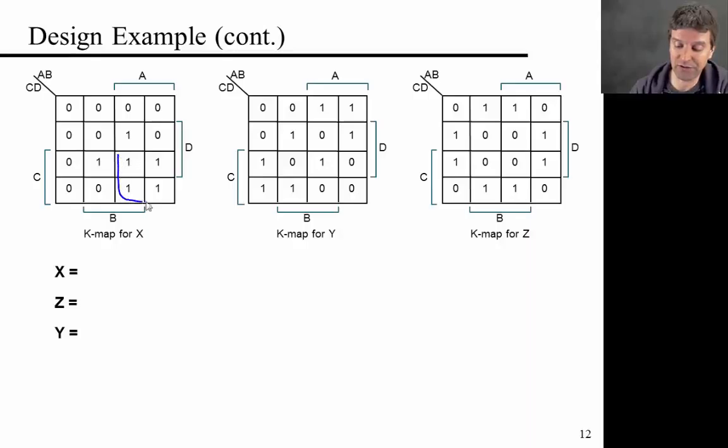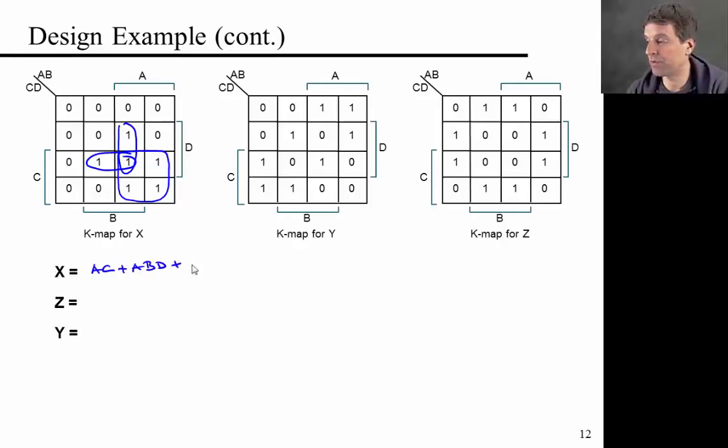I have 3 circles here, and the corresponding function is AC, that's the big circle, or ABD, or BCD.